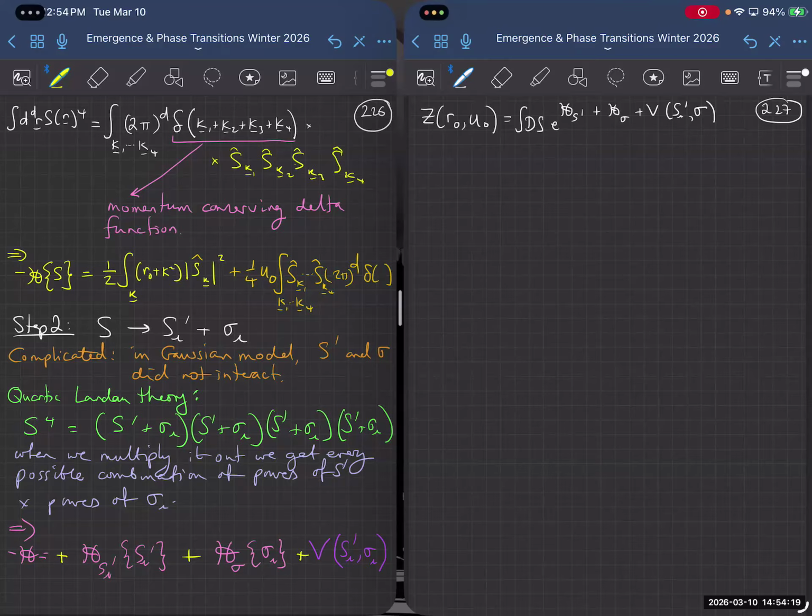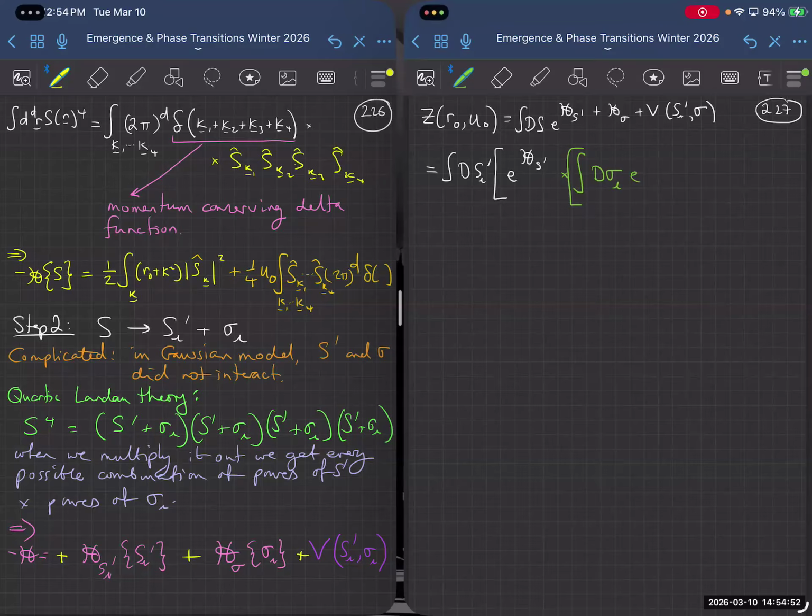And then I'm going to write this now as the integral d SL prime, the long wavelength part, acting on e to the h s prime, the Hamiltonian for the long wavelength part. And then that's going to be acting on the integration over the short wavelength degrees of freedom.